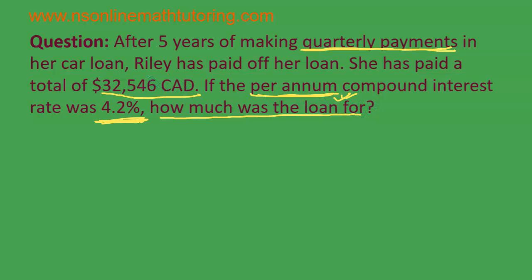So this is the amount, which is the part that she had received as her loan plus the interest on that loan. So this is the amount, this is the rate, and this is the time, and they are asking for the principal, or what was the actual loan.